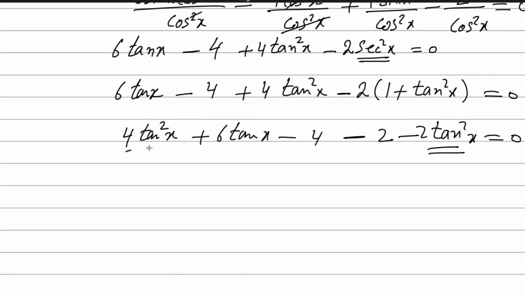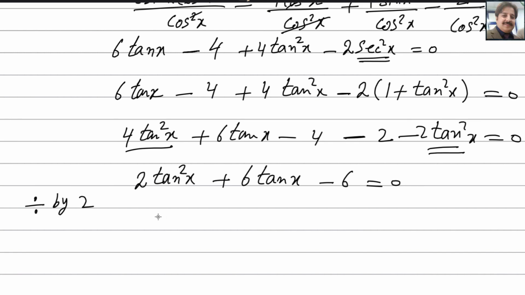These terms will be combined, so it will be 2 tan square x plus 6 tan x, minus 4 and minus 2 makes it minus 6, equals to 0. Now you can simplify it further by dividing by 2. So it will be tan square x plus 3 tan x minus 3 equals to 0.